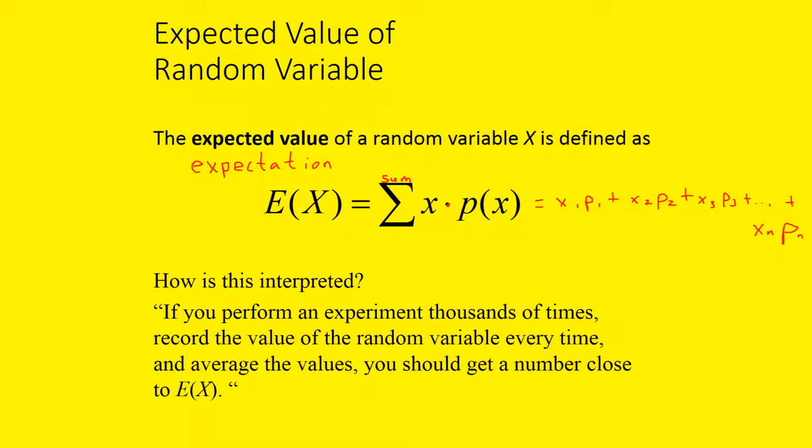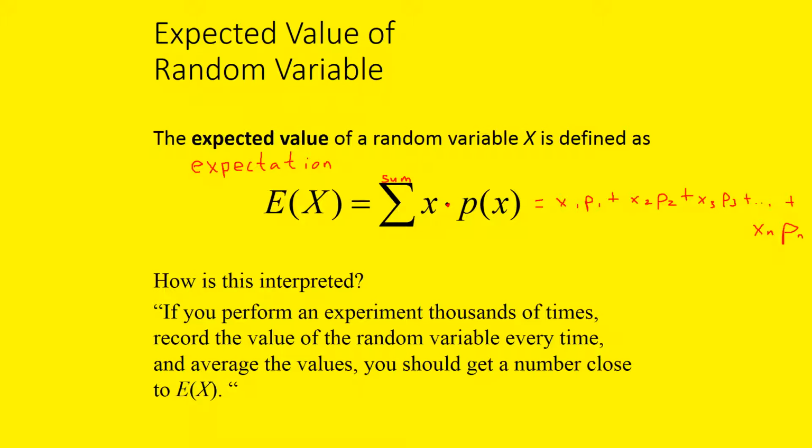How is this interpreted? Barnett says, if you perform an experiment thousands of times, record the value of the random variable every time and average the values, you should get a number close to the expected value of x.